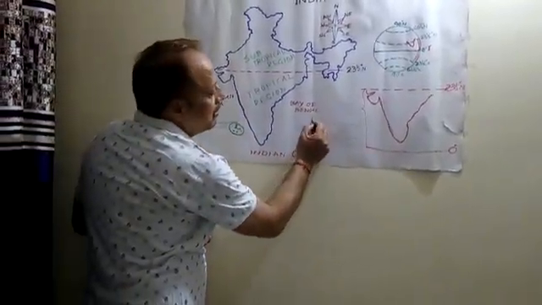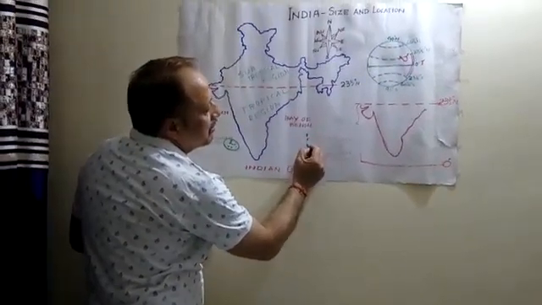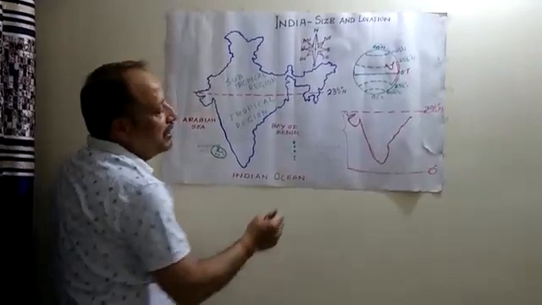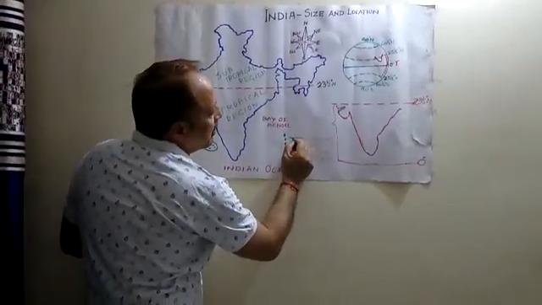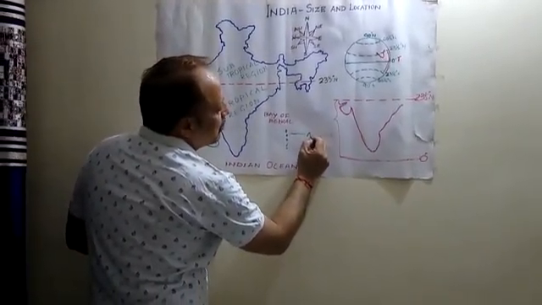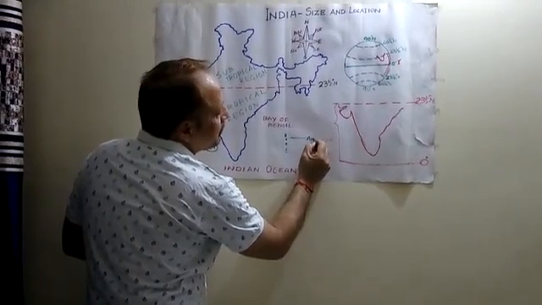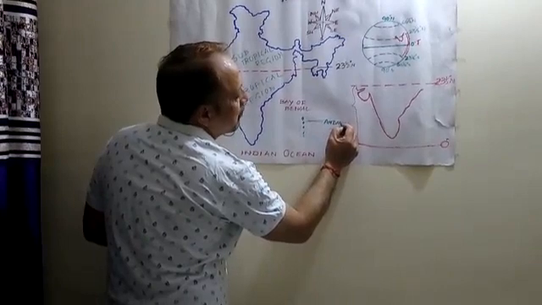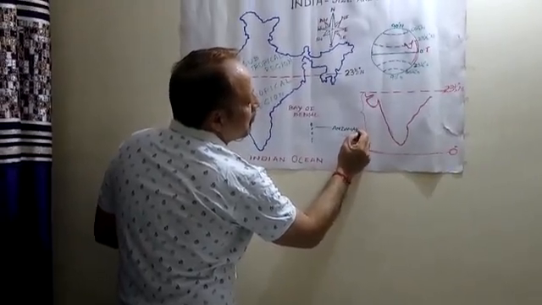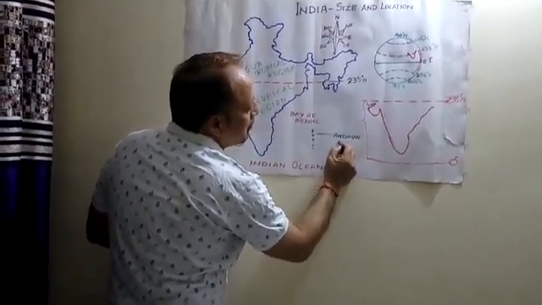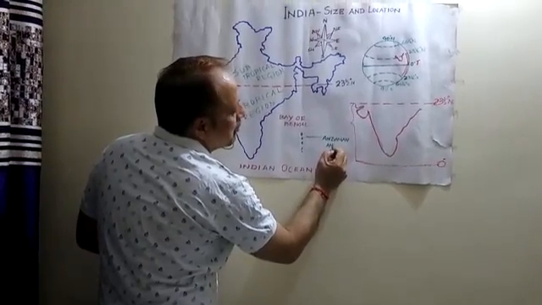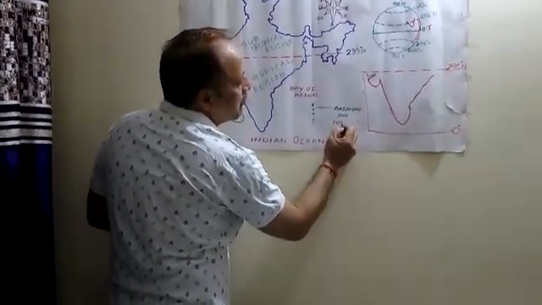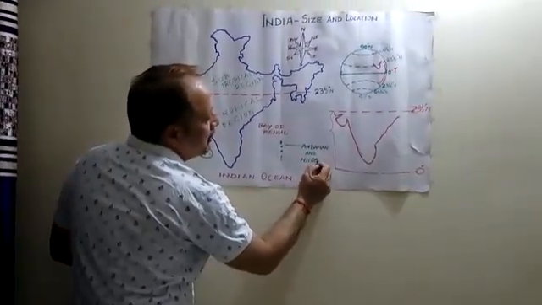The other, to the right of it, has more islands in number, and we call it the Andaman and Nicobar Islands.